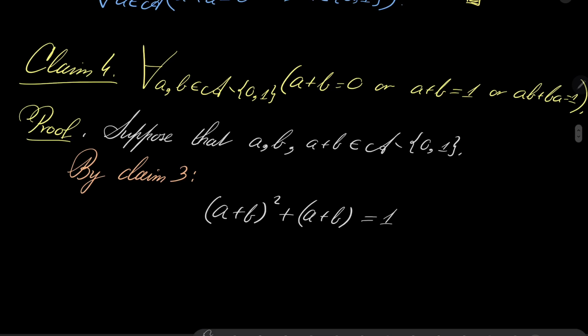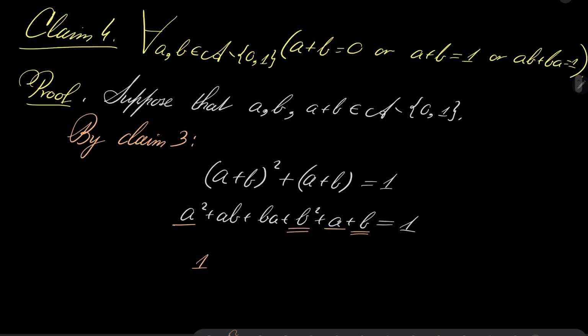And let's expand it. Here we have A squared plus AB plus BA plus B squared plus A plus B equals 1. And now I will use claim number 3 once again. A squared plus A is 1. B squared plus B is also 1.